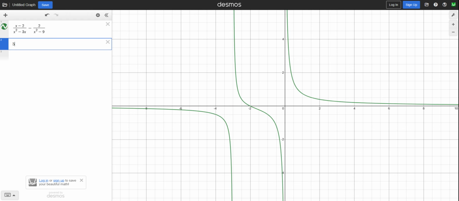I'm going to put 5 divided by 0. And it tells me it's undefined. So at this point right now, we're not allowed to divide by 0. So that's just some free information.